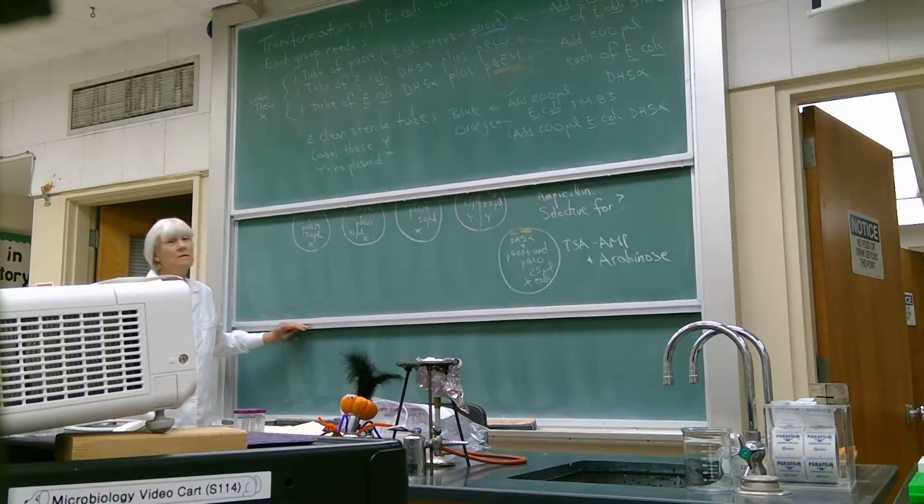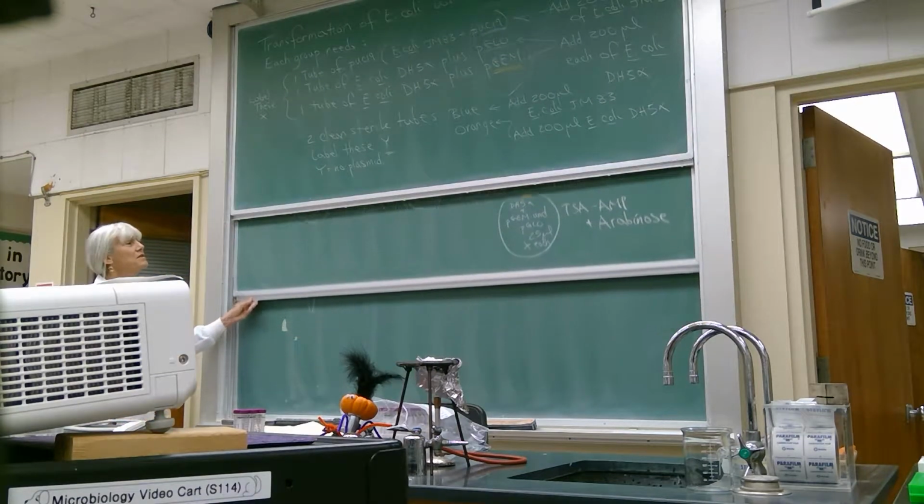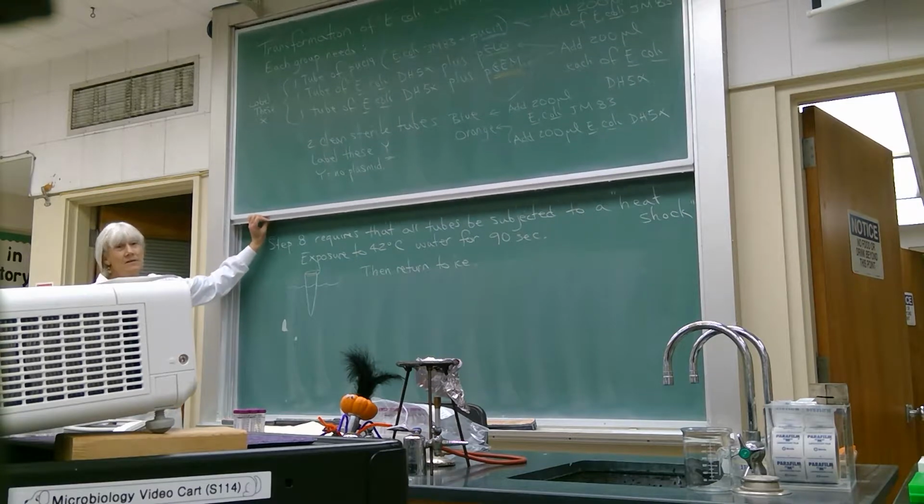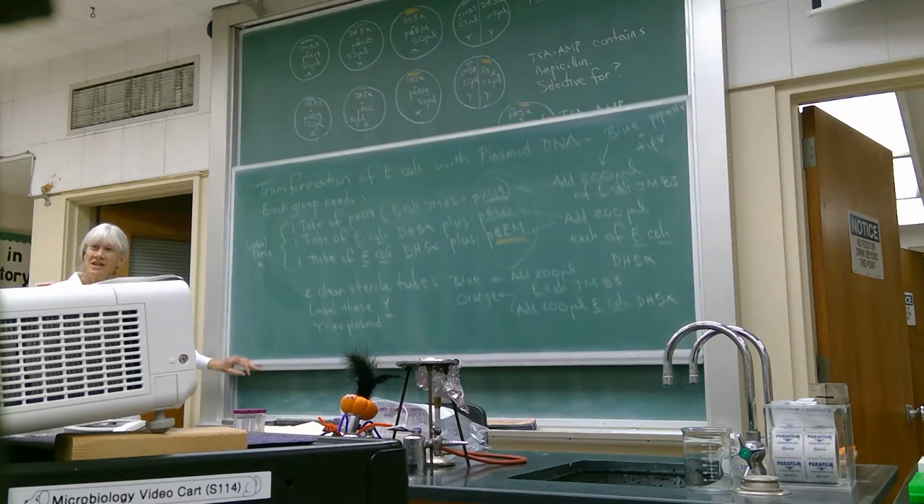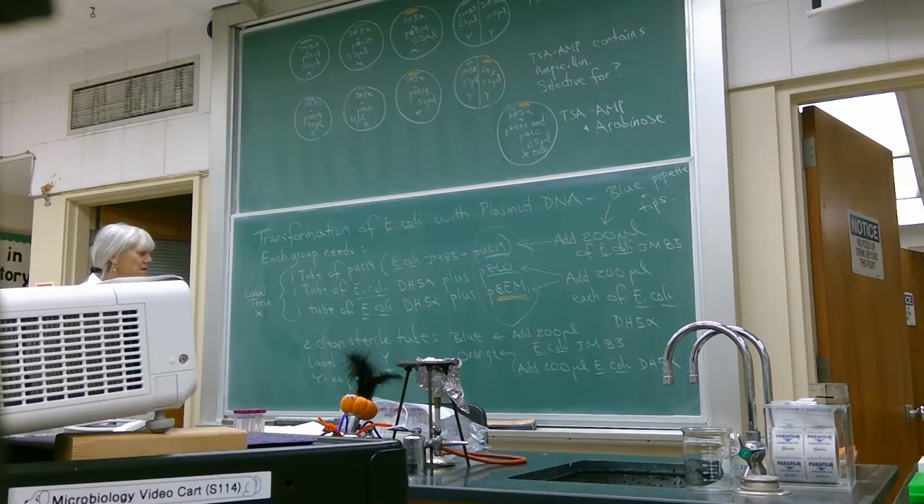Okay, so the instructions for what goes on the plates are on the plates. All you have to do is follow the instructions and the labels on your plates. If you're doing 50 microliters, it's a yellow pipette.